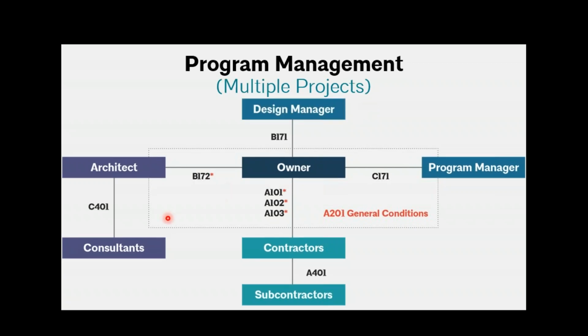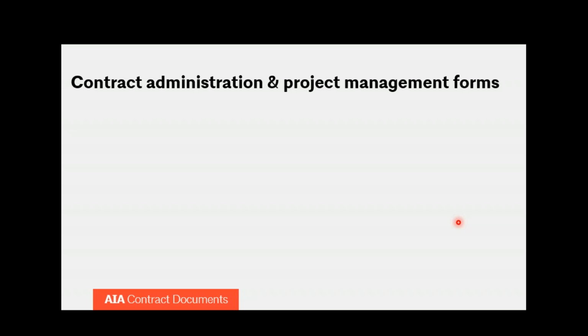So that's what this agreement is between the architect of record. Again, these are very similar, single, multiple. Basically, it's when the owner wants to hire somebody else, like a program manager, and sometimes a design manager for multiple projects. So that's what these documents are in this family.